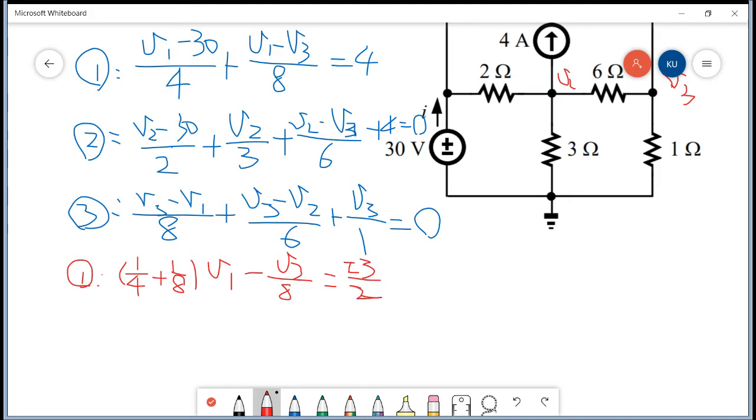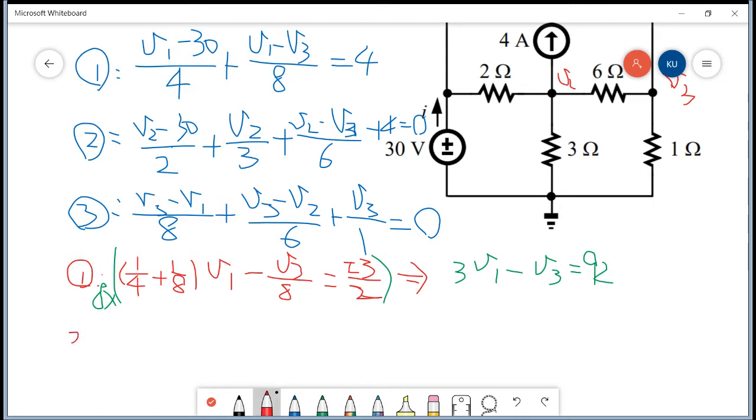So we multiply both sides by 8, and we will have 3V1 minus V3 equals 92.